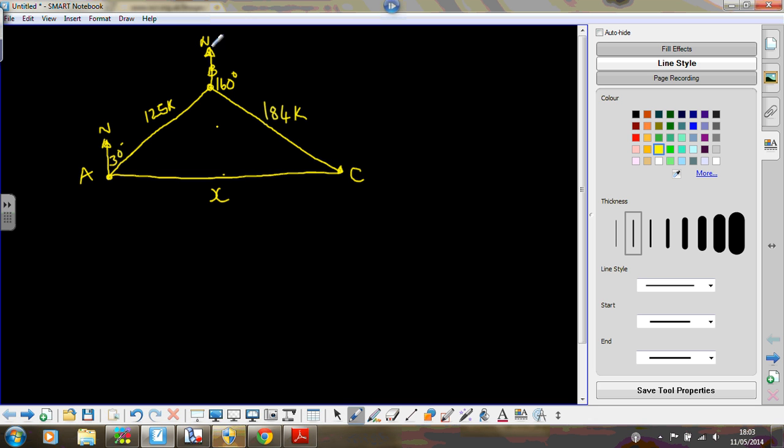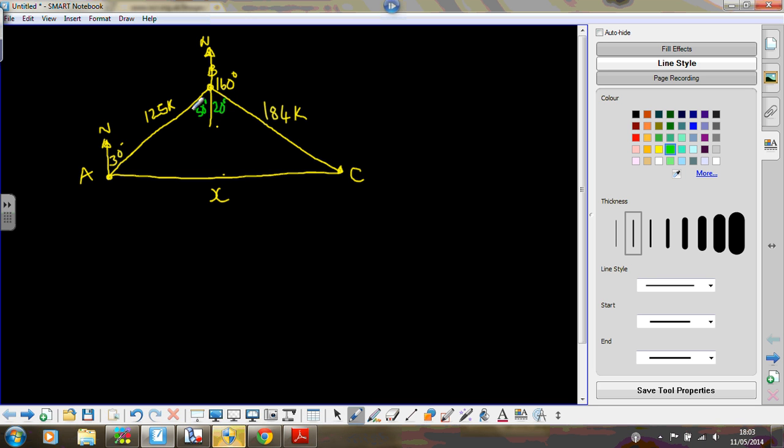So what I do know is at B, I could continue a straight line down like that, that would be south. And I know that from north to south is 180 degrees, so that tells me that this angle here is 20 degrees. I also know that north will always be parallel to north, so that gives me a parallel line and a Z angle, so that tells me that this is 30 degrees.